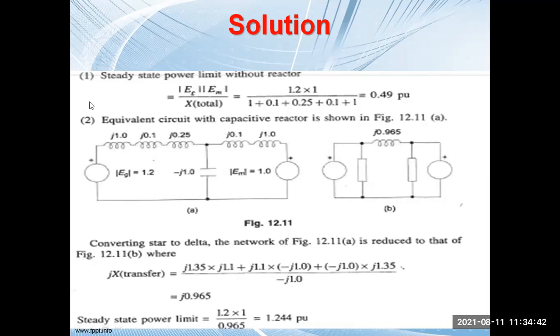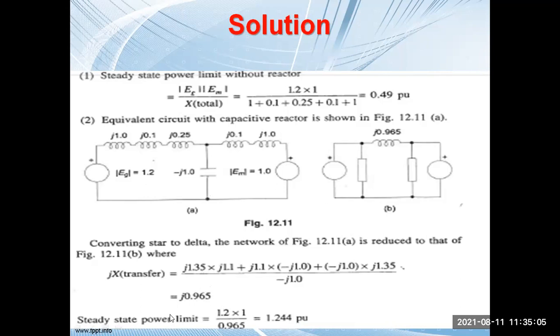So this is this reactance after star delta conversion, and this is this reactance. Okay. And the upper one is this one. So we are applying the star delta conversion, that you know, how to convert a star network to a delta network. We are applying that formula. So we are getting J0.965.